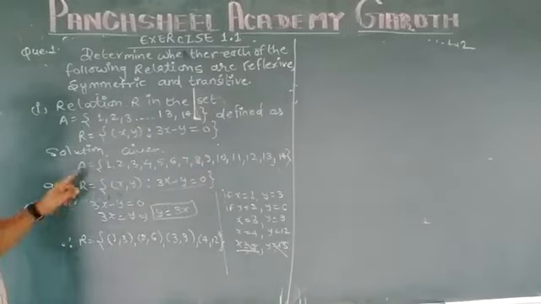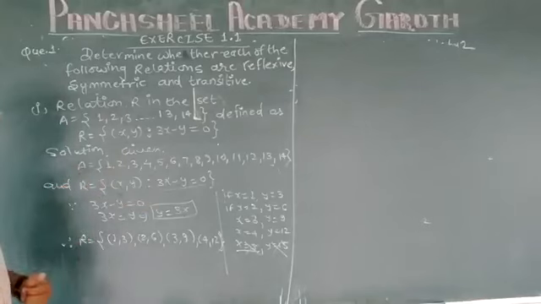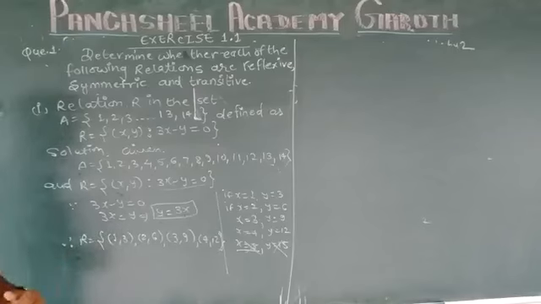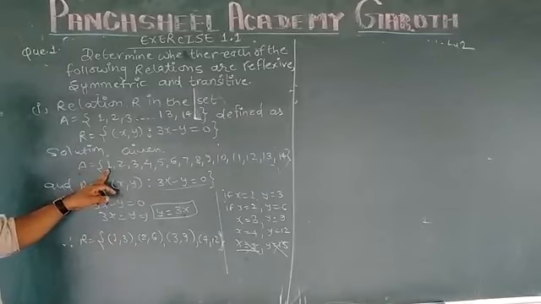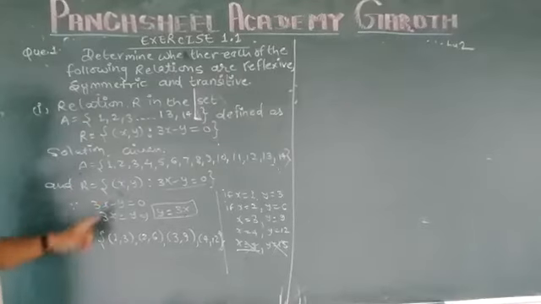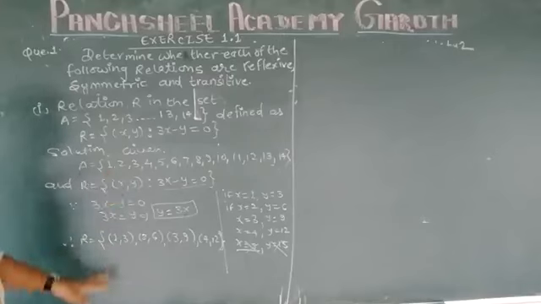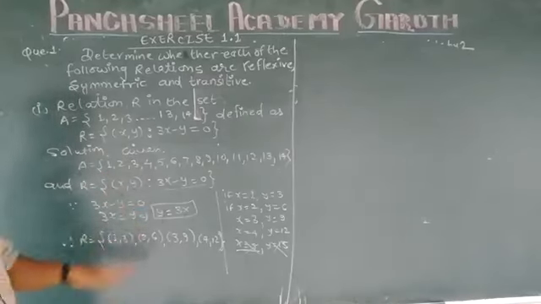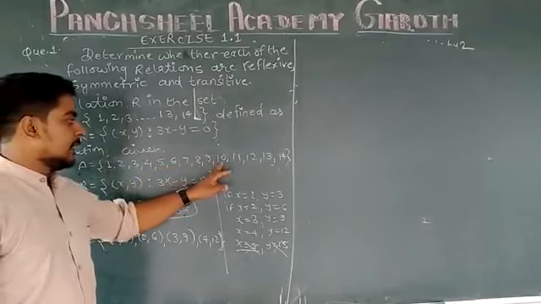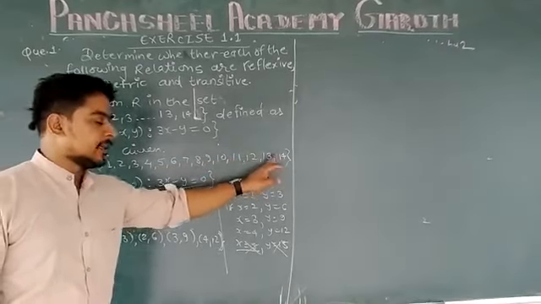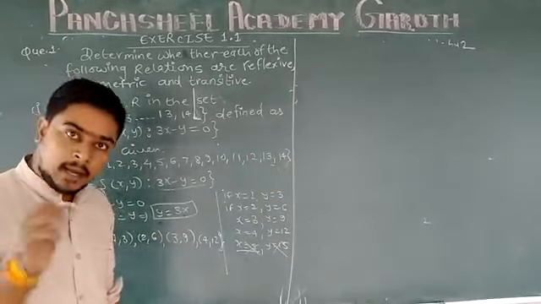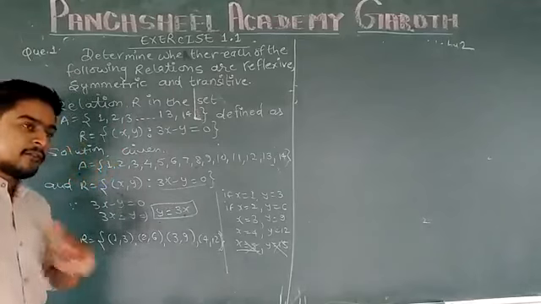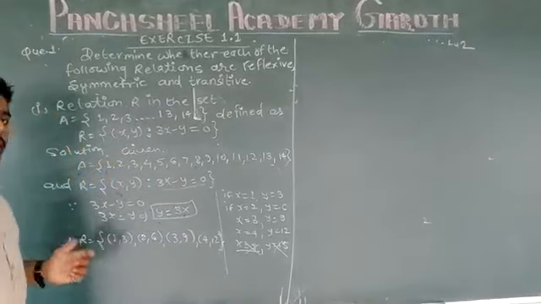It means for each element of A we need to get the ordered pair of the same element in R. So the ordered pair for element 1 does not come in R, 2 does not come in R, and 3, 4, 5, up to 14 are the required ordered pairs that should come into R, after which we can say that R will be reflexive.